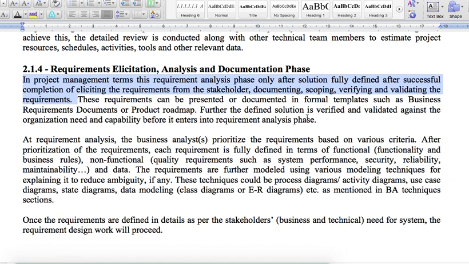So as a business analyst, you have to work with the team to ensure that all the needs are captured, and also that they are separated from the desires expressed by the stakeholders. Those needs are part of the project baseline, and the desires can be used in the future for enhancing and enriching the solution at a later stage. Okay, so that is what we mean by scoping the requirement. And once we scope, we verify the requirement.